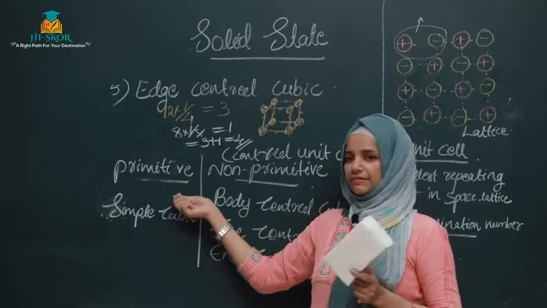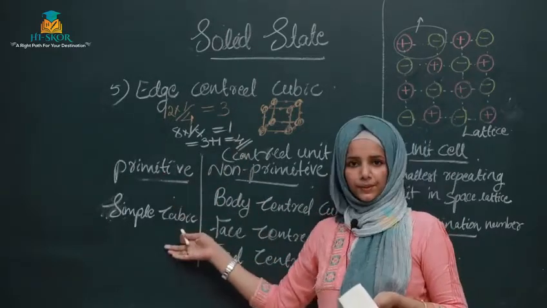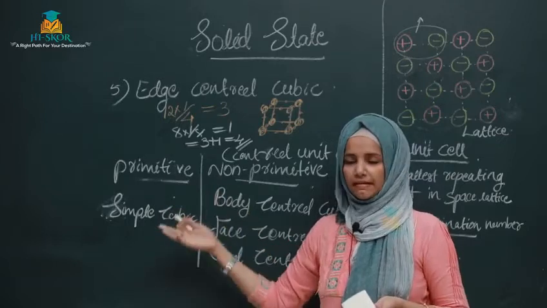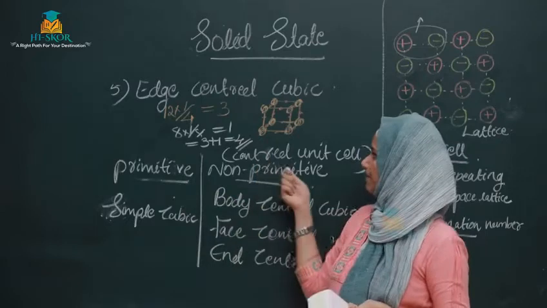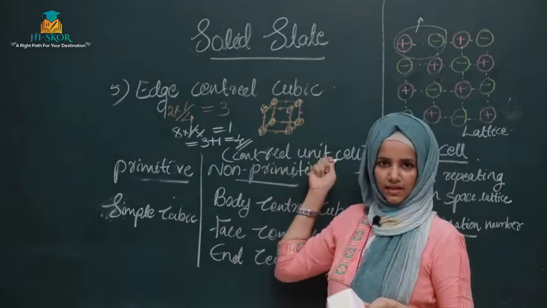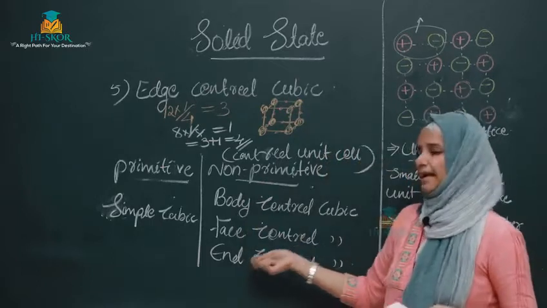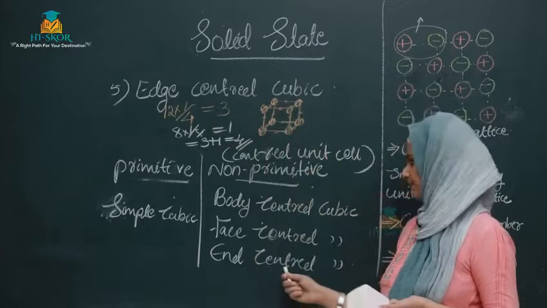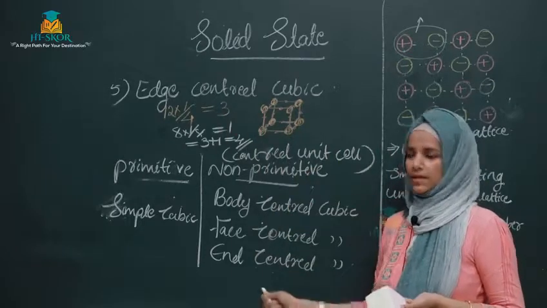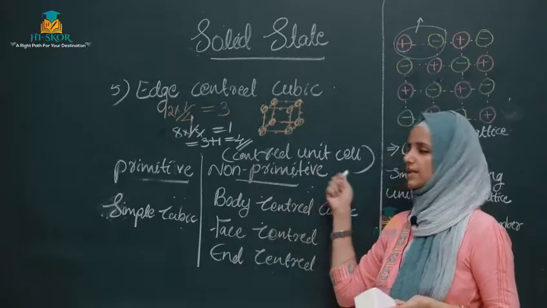So from these examples you can see that primitive, we have only one primitive, that is the primary structure, that is simple cubic, and non-primitive means centered unit cell, which are the body centered, face centered, then end centered. We can add edge centered also. Okay, so these are the primitive and non-primitive unit cells.